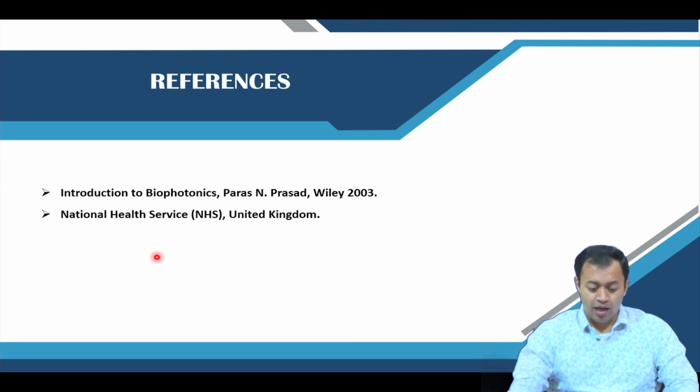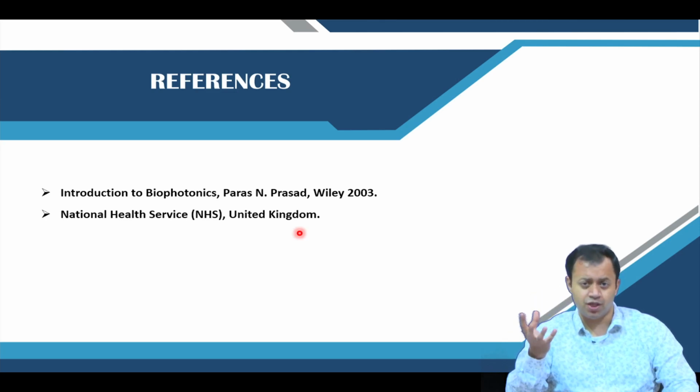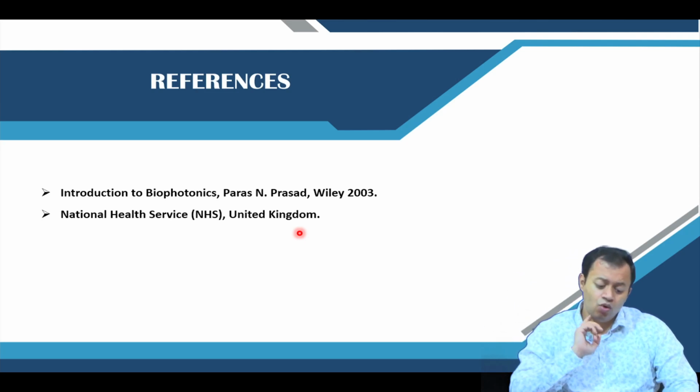So, please visit the National Health Service of the United Kingdom. They have a fantastic website describing various human ailments in very simple terms. More than going into Wikipedia, I go into the NHS website if I have to understand a disease, and since it is the governmental website of the United Kingdom, they have mostly authenticated data.